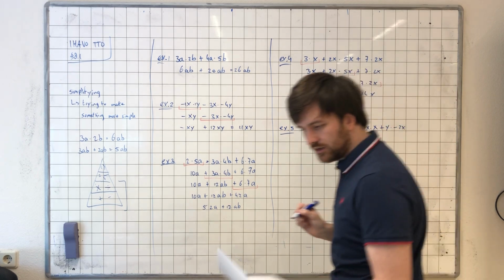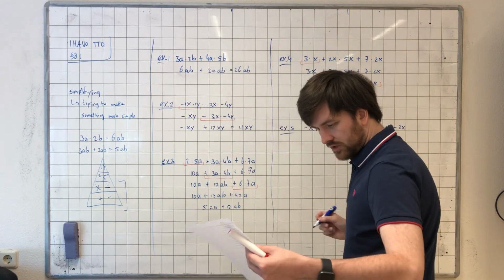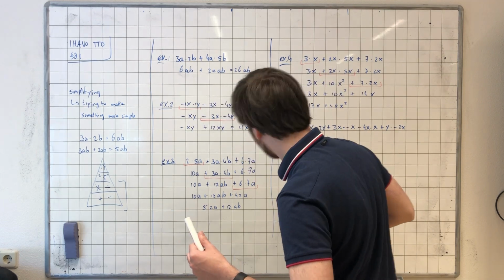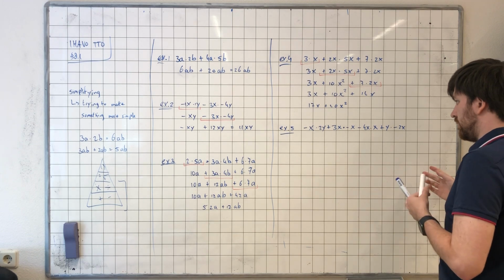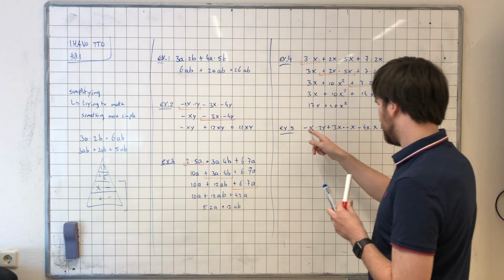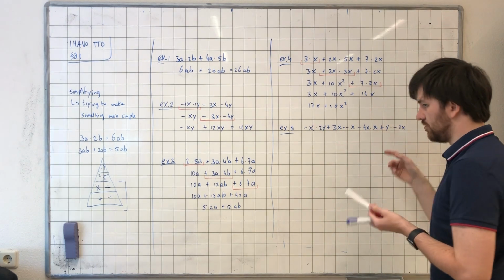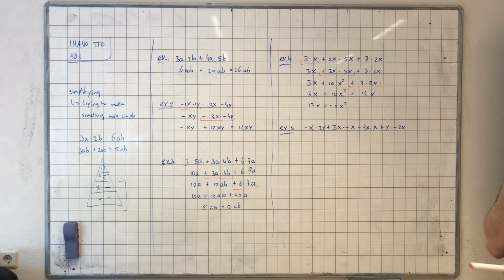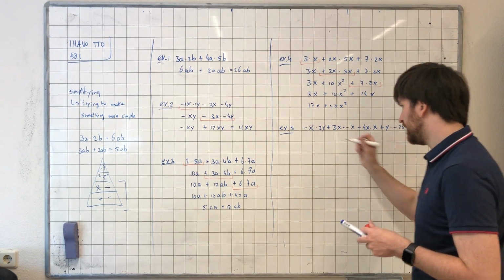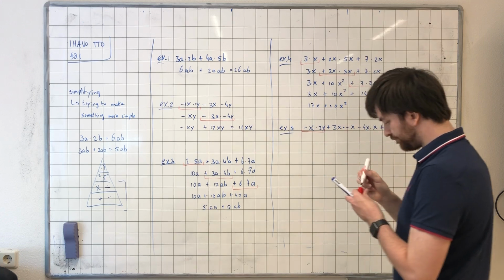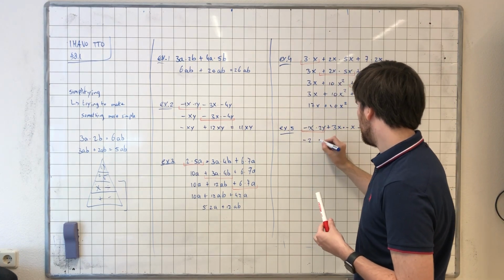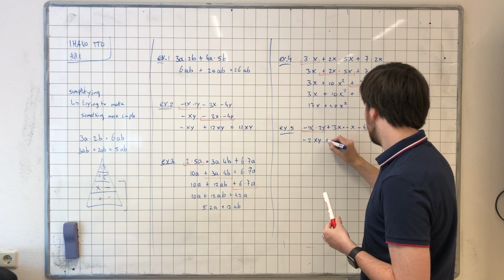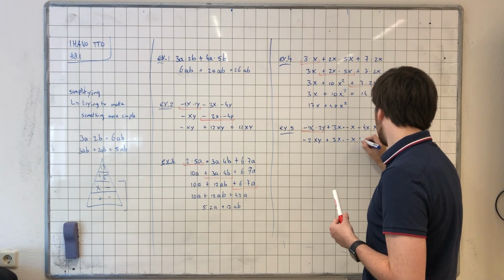Once again, because we have 4 multiplication exercises, we have to do those before we can do anything on plus or minus. So let's start over here. It's once again minus 1 times 2 is minus 2xy plus the rest, this monster.